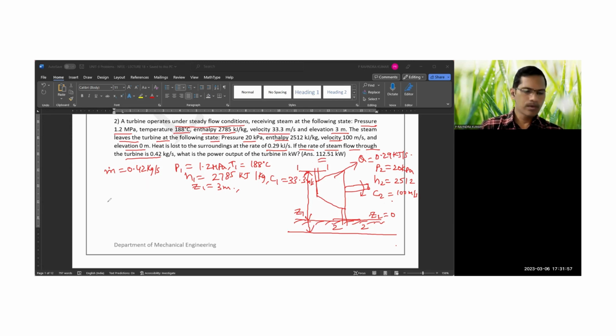So how are you going to solve this? The mass flow rate is given as 0.42 into H1. The H1 value is 2785, plus C1 squared by 2000.